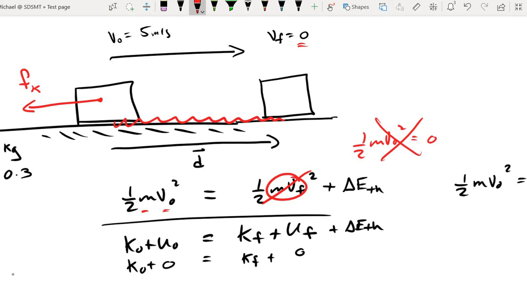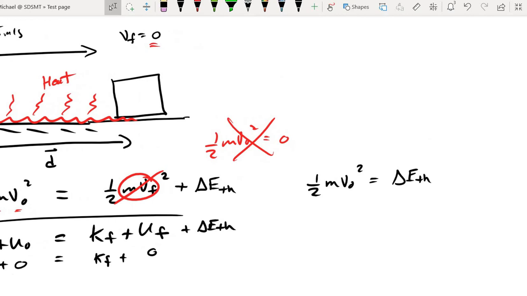And friction is going to take away that kinetic energy, but it can't hold on to it. It has to give that energy back to the system right away, and so it's going to do that in the form of heat. We're going to put that energy back into the system as thermal energy.